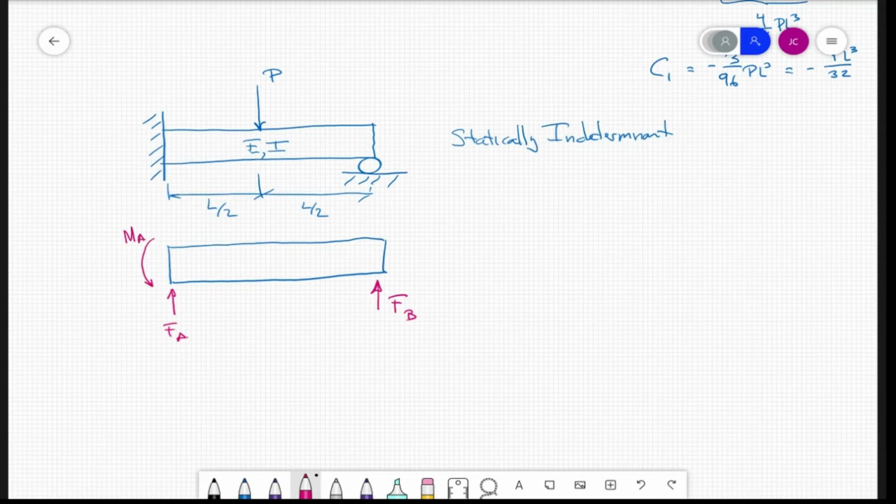So I can only write two equations, sum of forces in the Y and sum of moments around a point, but I have three unknowns, right? And that's the three reaction unknowns. And so this is statically indeterminate, okay?